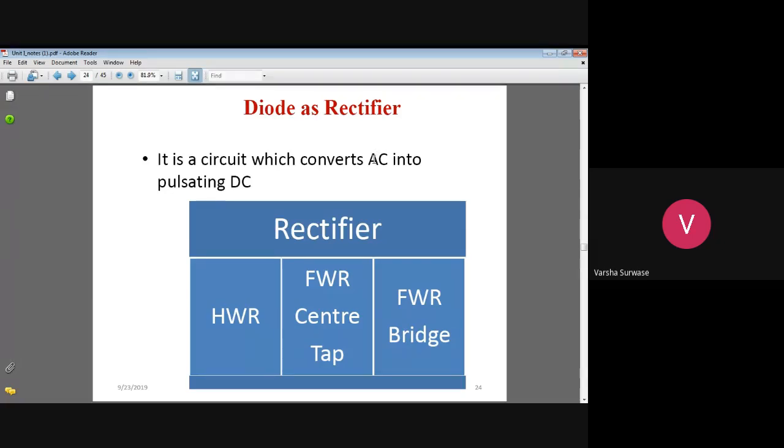A rectifier is a circuit which converts the AC voltage into pulsating DC voltage. There are types of rectifiers: one is the half wave rectifier, another is the full wave rectifier. Again, full wave rectifier is divided into two: full wave center tap rectifier and full wave bridge rectifier. One by one we will see how these rectifiers work.